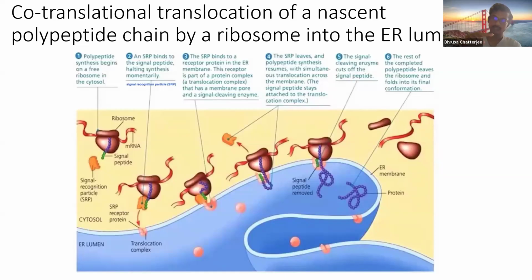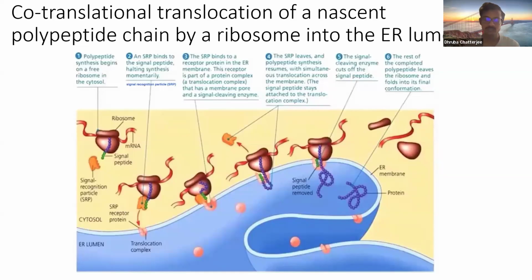And if it's a membrane protein, then it needs to integrate also in a particular orientation, right? Because, for example, it's an integral membrane protein of the lysosome. It has a certain orientation, for example, the face that needs to be within the lysosome will, on incorporation within the ER, be within the ER lumen, right?